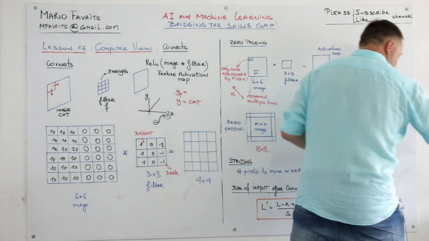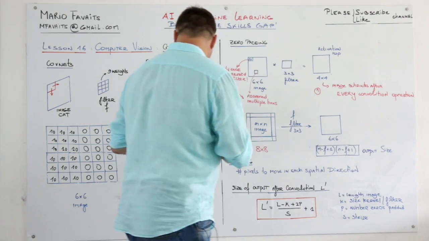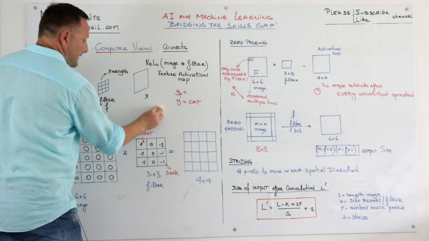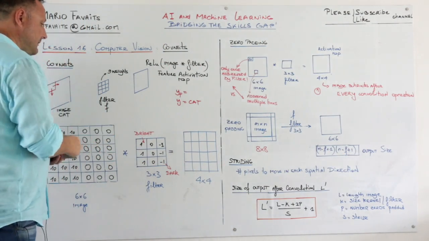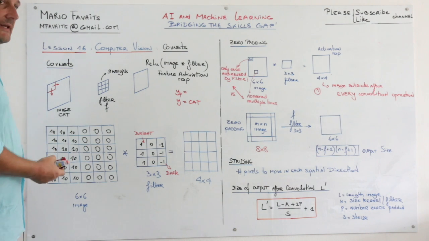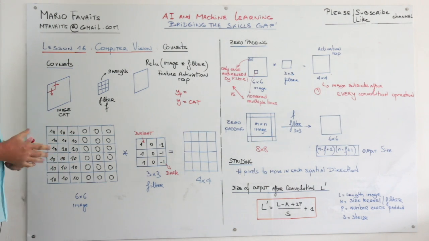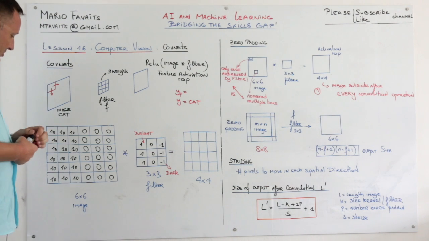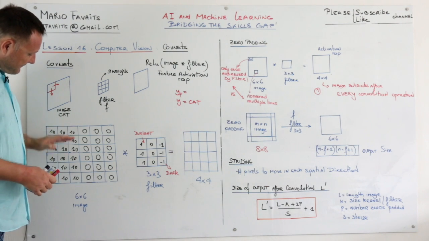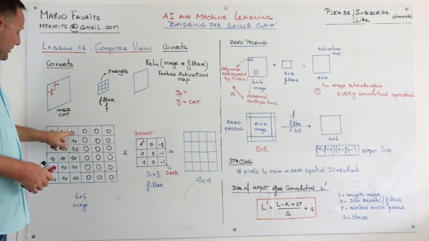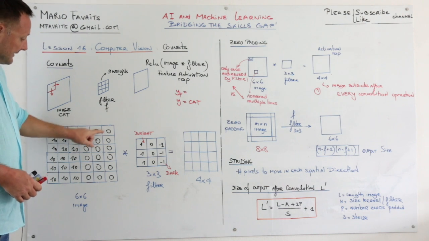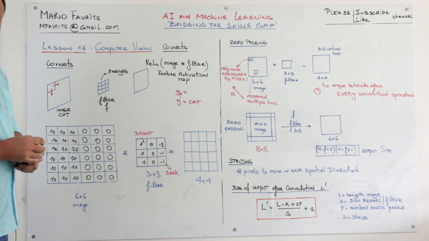Alright, so now we're going to look a little bit more in detail at how we apply convolution. How does it mathematically work? Well, I have an image here which is a 6 by 6 image, and in the first 3 columns I put a 10 in each cell, and in the last 3 columns I put 0.